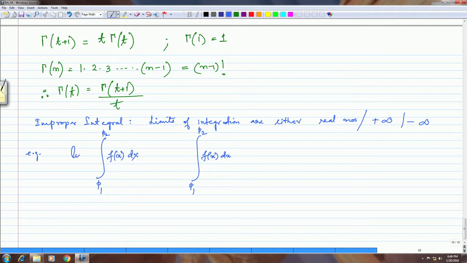Now here I can say the limit, for example, as p2 tends to infinity, or I can say the limit as p1 tends to negative infinity. So basically what we're saying is it's an unbounded domain.